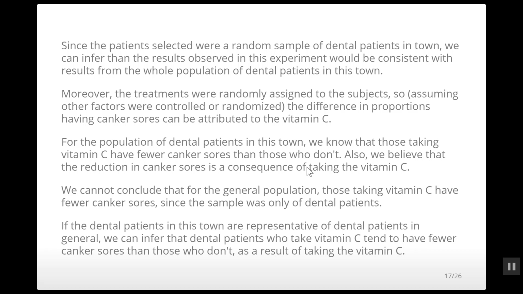So maybe that's possible. But we have to ask people if they consent to being part of our study. And as soon as one person says, no, I don't want to be part of your study, it's no longer a random sample. As soon as one person says they're not interested in participating, we no longer have a random sample. And maybe for canker sores and vitamin C, it doesn't really matter.